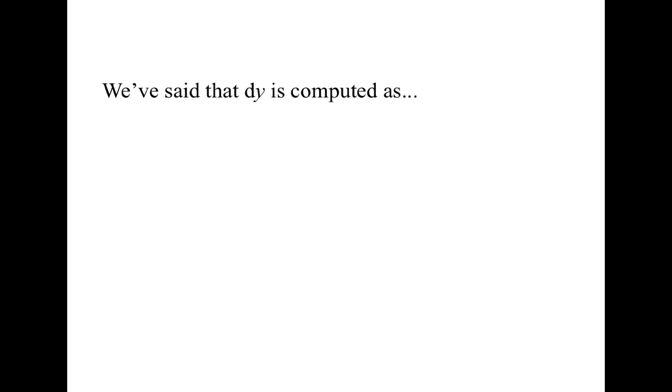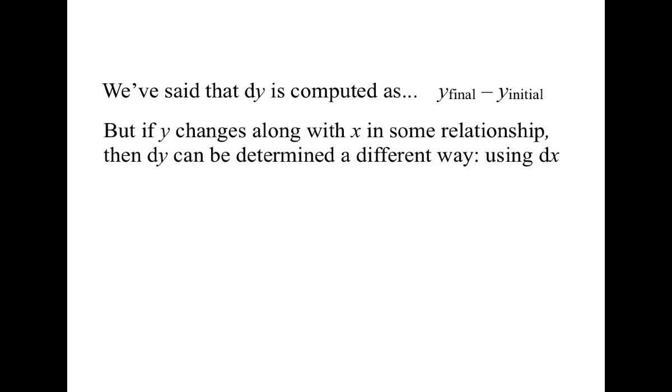So we said dy was computed as y final minus y initial. I'm changing the letter, but it doesn't matter. But if y changes along with x in some relationship, dy can be determined a different way using dx. So here's a different way, other than final value minus initial value of the quantity. What is that other way?